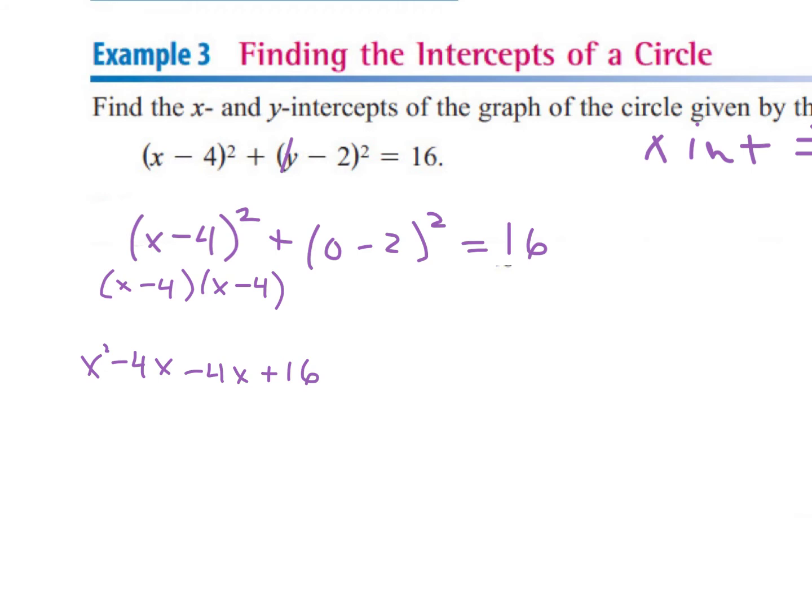And then 0 minus 2 is negative 2, so it's negative 2 squared. Positive 4, and that's equal to 16. What should we do next? Combine like terms. So we have x squared minus 8x plus 20 is equal to 16.